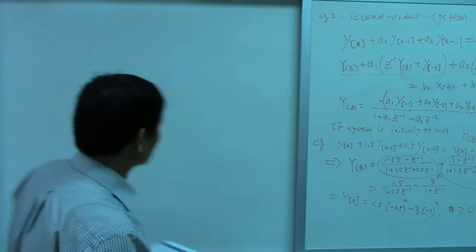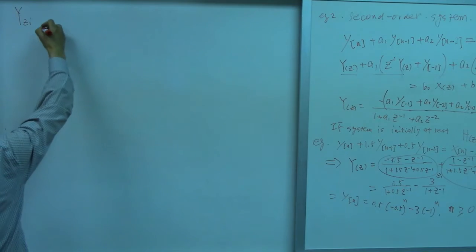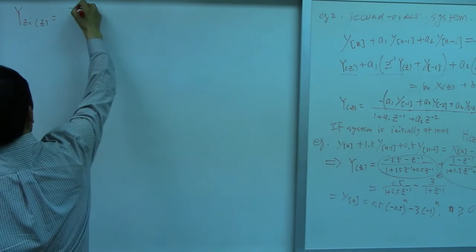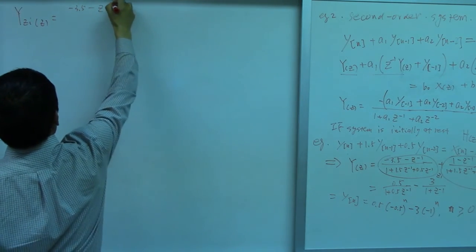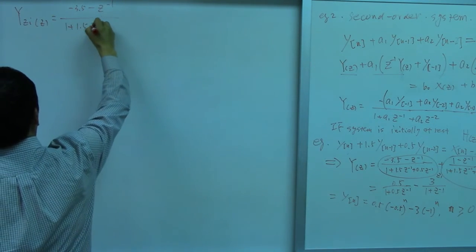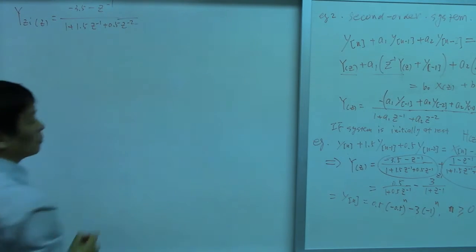Okay, we do the partial fraction expansion first for the zero input. So for Y zero input of z equals negative 3.5 minus z to the negative 1 on the top, and on the bottom the same, 1 plus 1.5 z to the negative 1 plus 0.5 z to the negative 2.